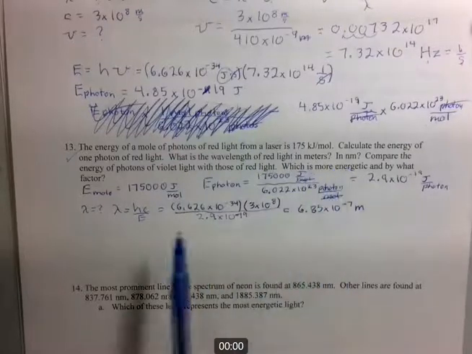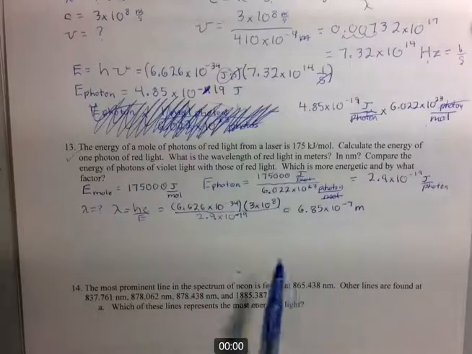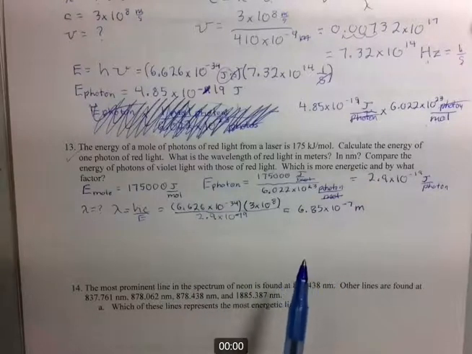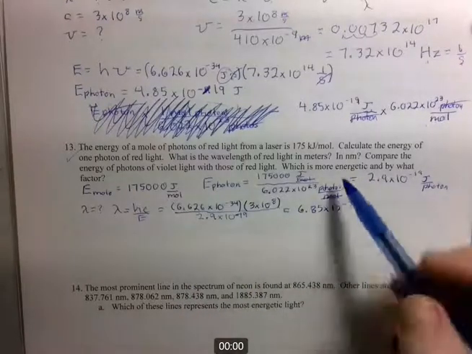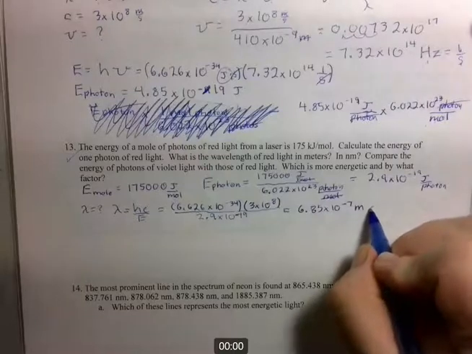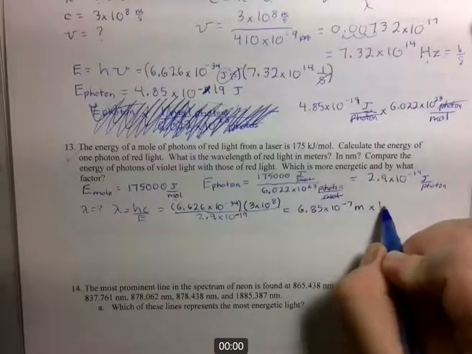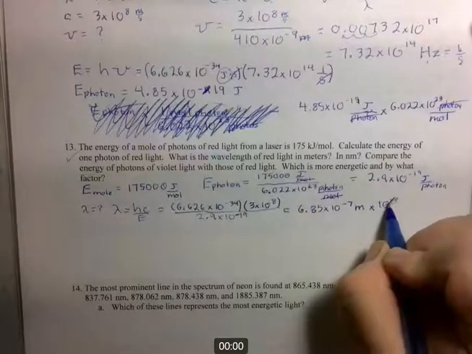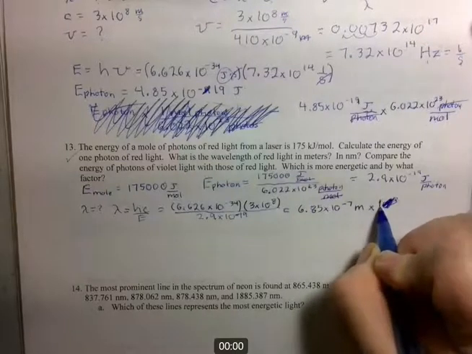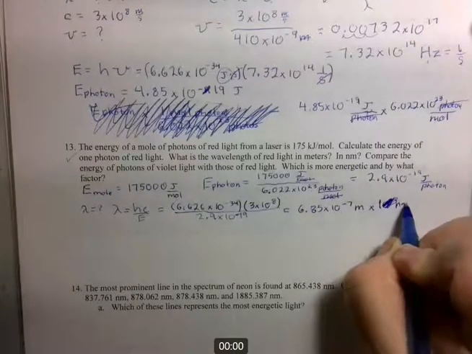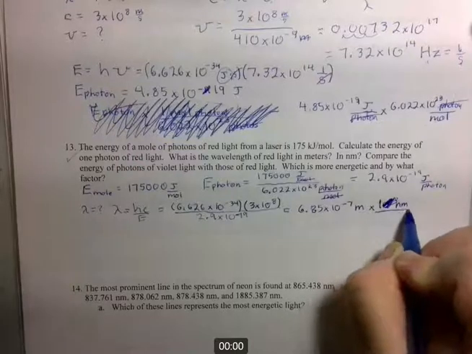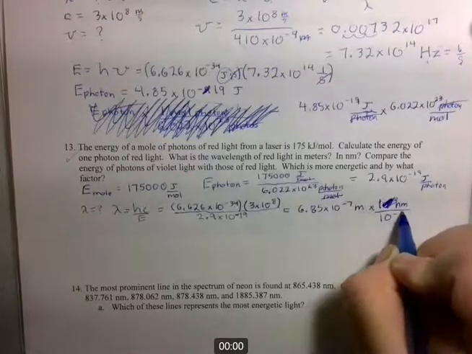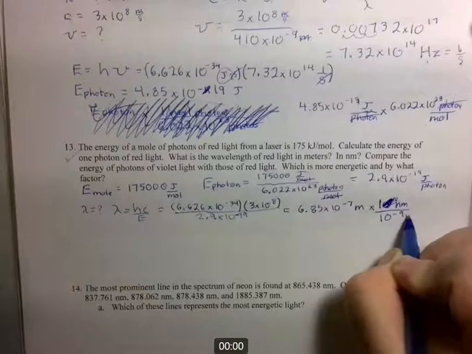Now they say in nanometers, because we always express light in terms of 10 to the minus 9th, nanometers. So I'm simply going to take this number and multiply it by 1 nanometer for every 10 to the minus 9th meters.